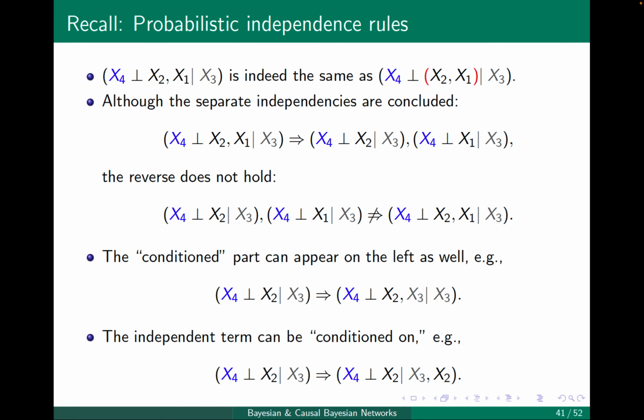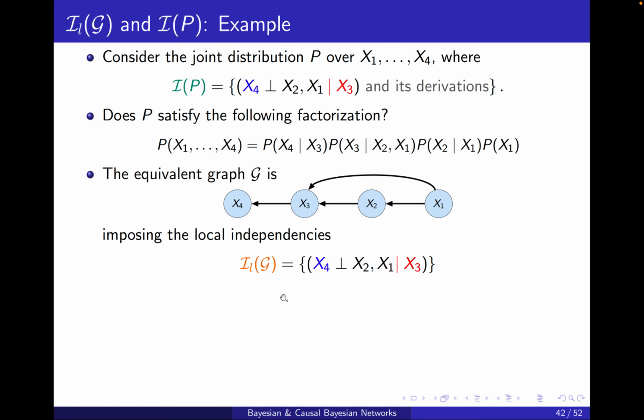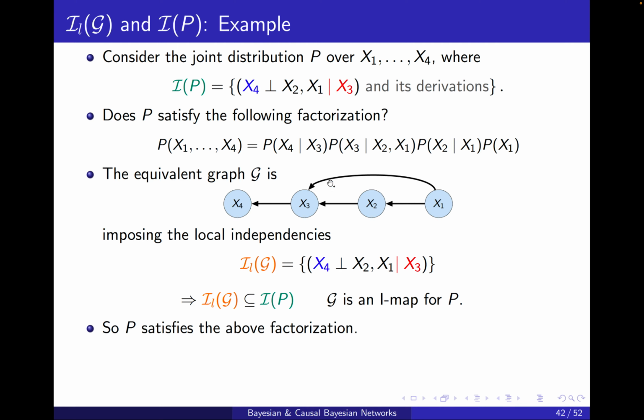Okay, just to make things easier. Now, you can see that ILG, the local independencies, are a subset of IP. Well, in this case, this term appears exactly here, okay? And therefore, G is an I-map for P, so P here factorizes according to this one here, okay?